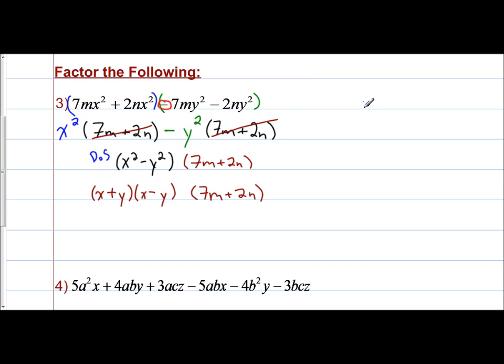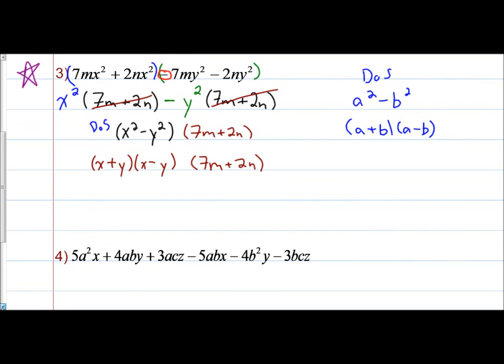Remember, for our difference of squares factoring technique, it says a squared minus b squared factors into the sum of a and b and the difference of a and b, a plus b, a minus b. And so we have to be careful. This is kind of a warning problem. It's a, hey, please pay attention problem that you need to apply sometimes multiple factoring techniques, not just one.